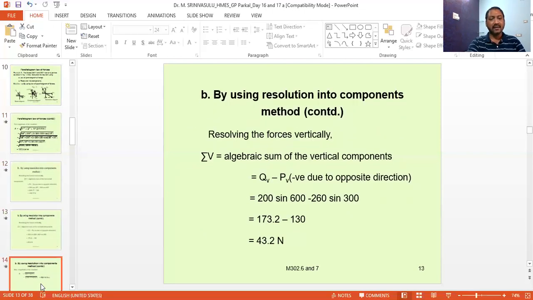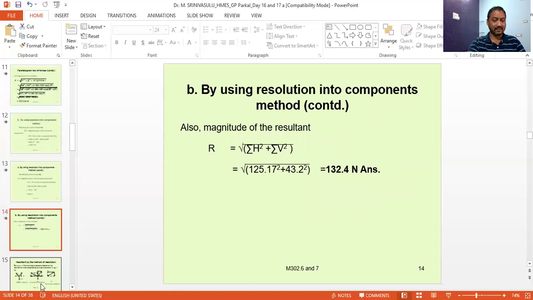So it is tallied in both the cases. So in this way, we can adopt any method, either parallelogram law of forces or the method of resolution of forces, to find out the magnitude and direction of the resultant of the given force system.